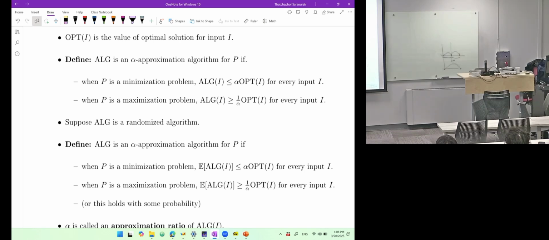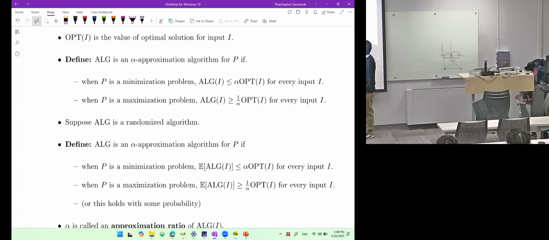If it's a minimization problem, then the algorithm's value is not too big compared to OPT, up to factor alpha. And if it's a maximization problem, then the solution of the algorithm is not too small compared to the optimal solution.